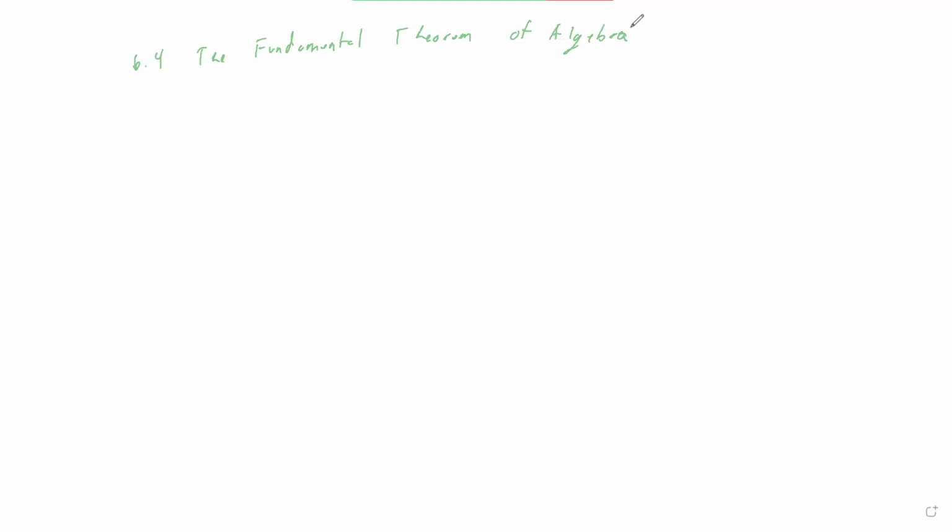In the fundamental theorem of algebra, it basically just states if P is a polynomial, then there is at least one solution, real or imaginary.